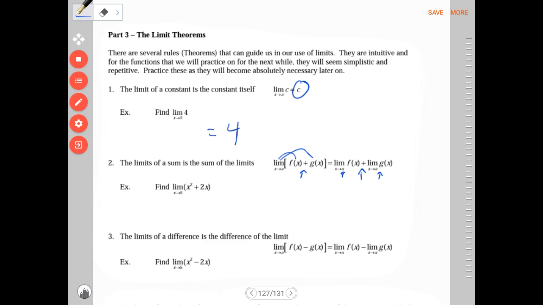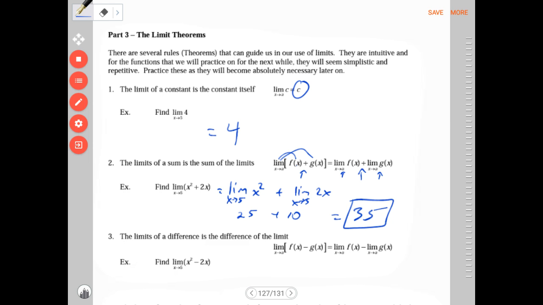This is the limit as x approaches 5 of x squared plus the limit as x approaches 5 of 2x. Remember, these are continuous functions, so 5 squared is 25, plus 2 times 5 is 10, so the limit of this is just 35.